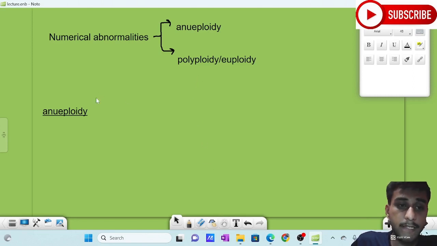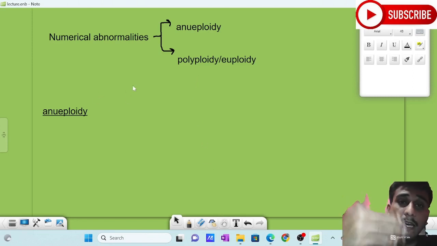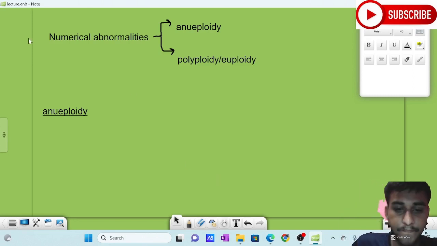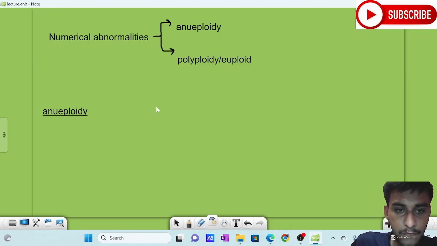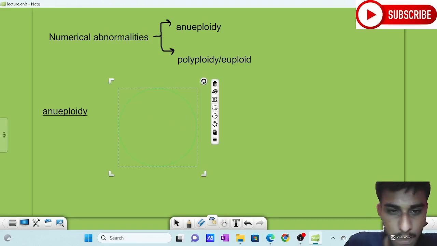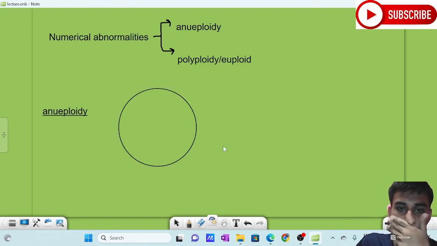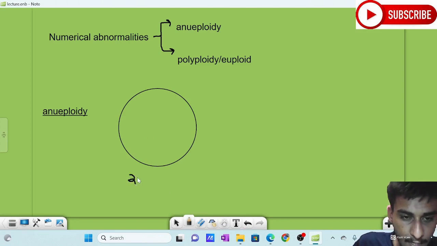Now we can go into the structure. We can discuss the definition by drawing a diagram. Look. So consider a cell which is diploid in nature, and the diploid condition 2n is equal to 6.